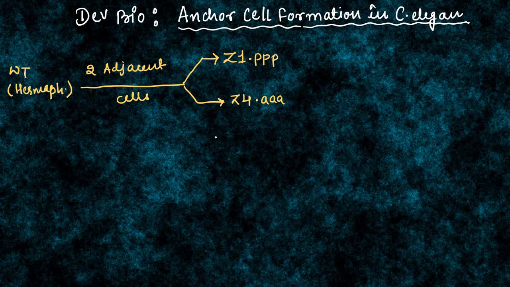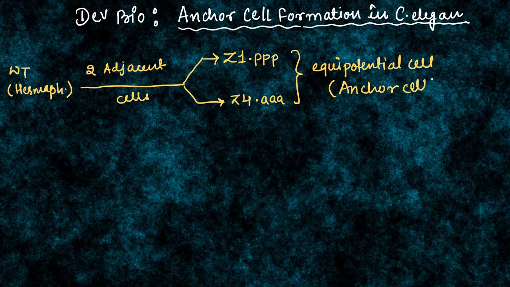These are the two cells which are present in an adjacent way in the wild type hermaphrodite. These two cells have the equal potential to become the anchor cell. They are known as equipotential cells, and they have an equal potential to become what? To become the anchor cell.